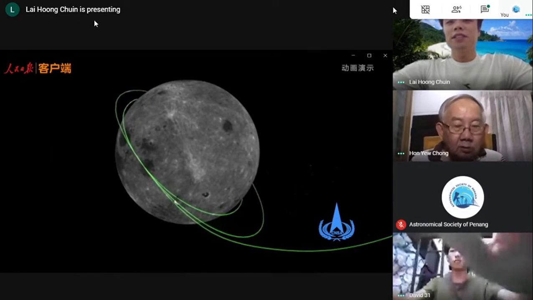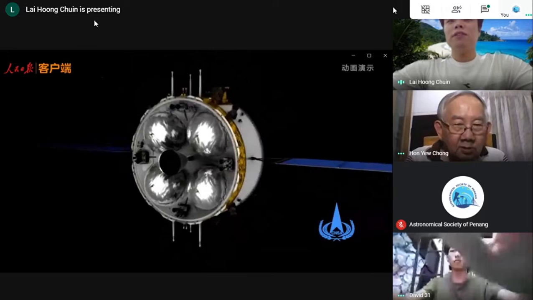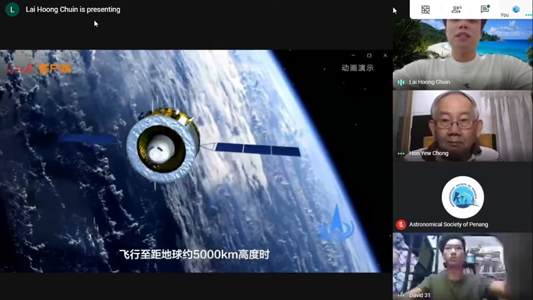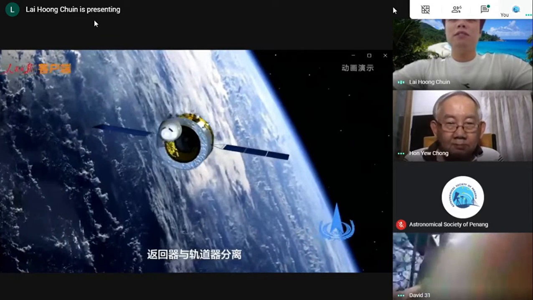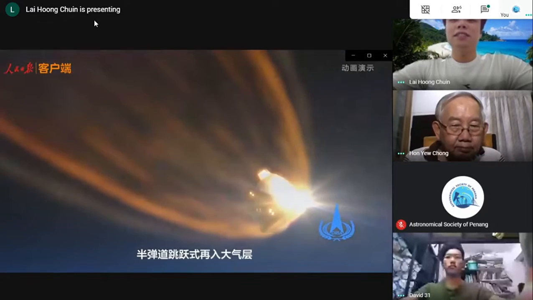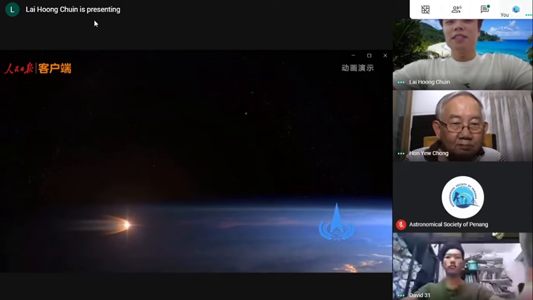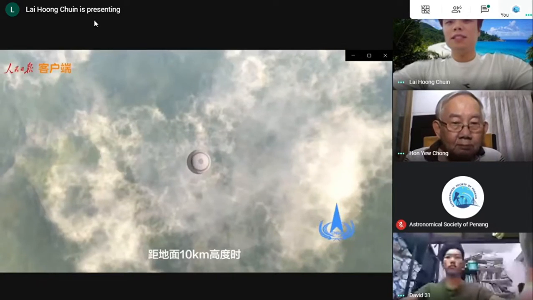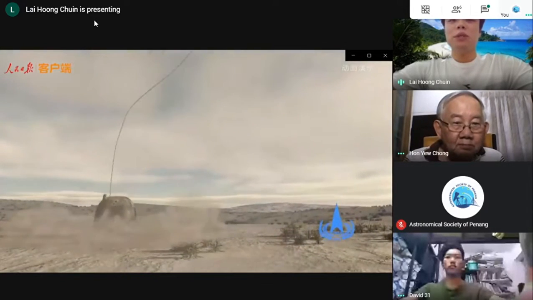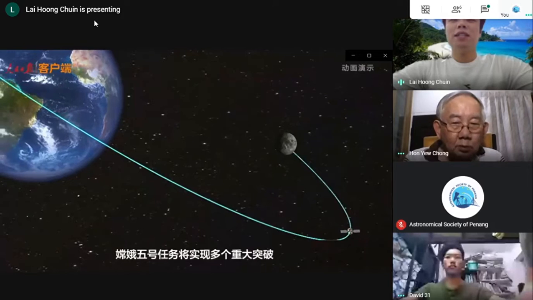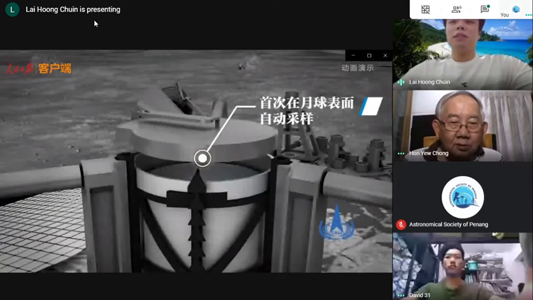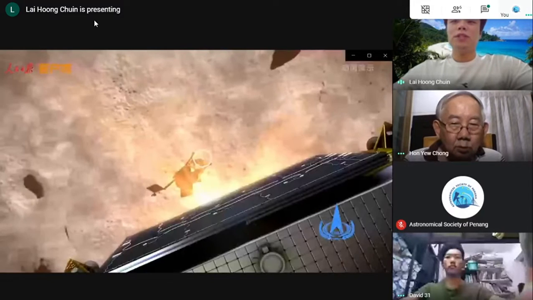So it comes back to the Earth, and when it is about 500 kilometers away from Earth, they will release the lander. The lander comes back, and at about 10 kilometers, the parachute deploys, and then we collect back the rock sample. So this is a simple animation of the whole mission.